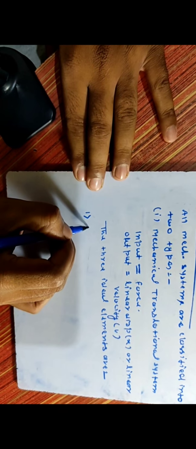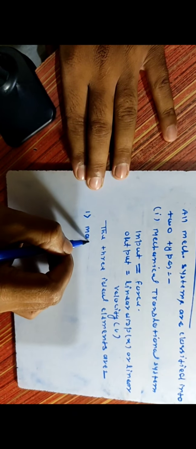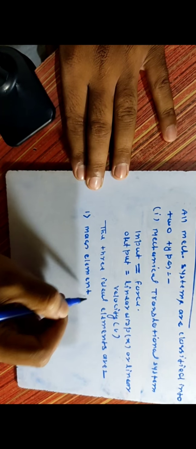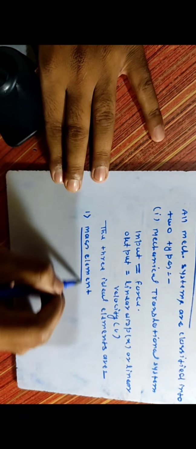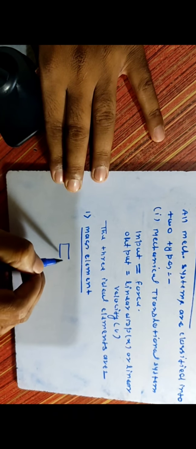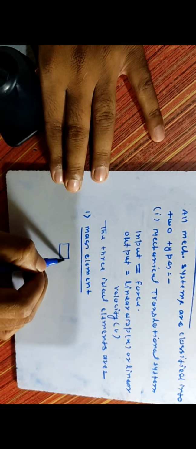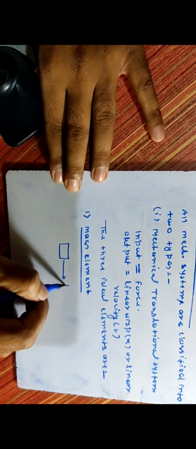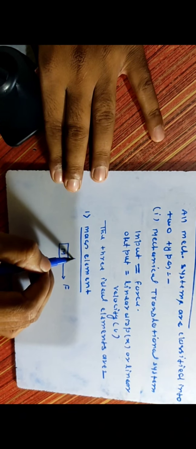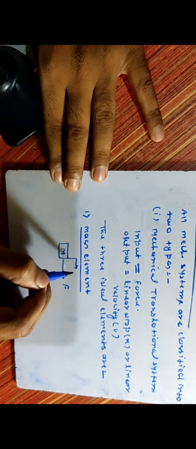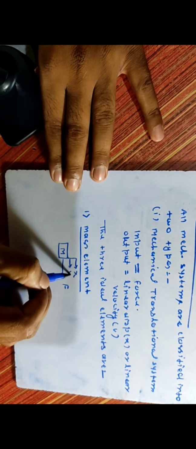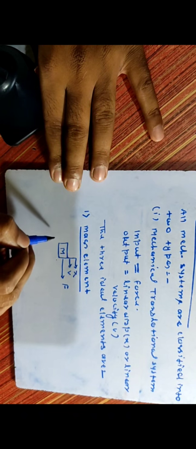First is the mass element. Mass element, that is a mass m, force F, x is the displacement and v is the velocity.